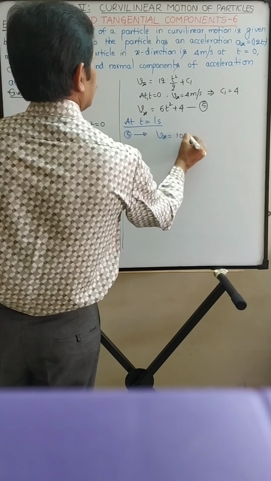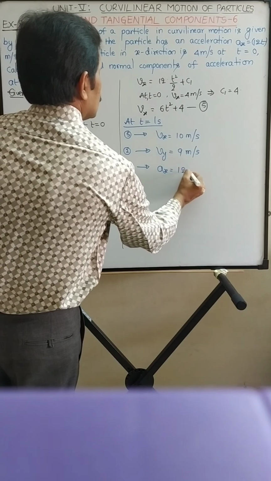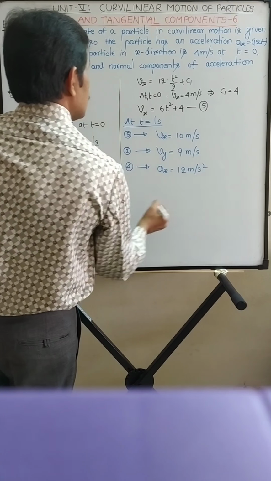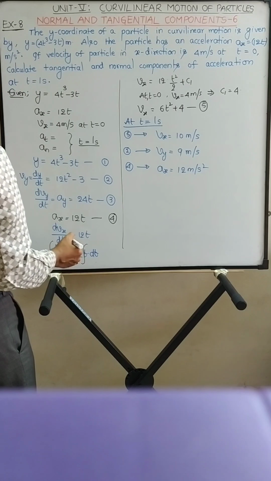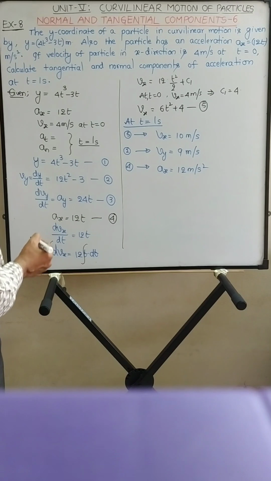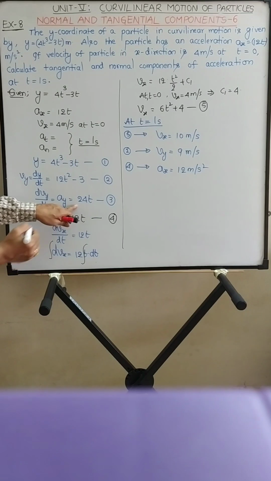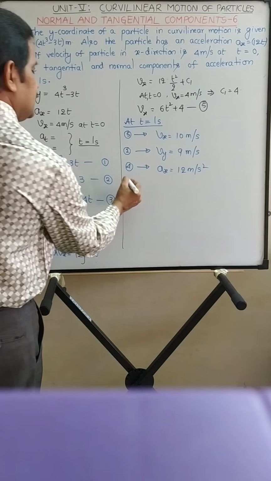From equation 4, ax is equal to 12 into 1, 12 meters per second square. And to find out ay, from equation 3, ay is equal to 24 into 1, so 24 meters per second square.